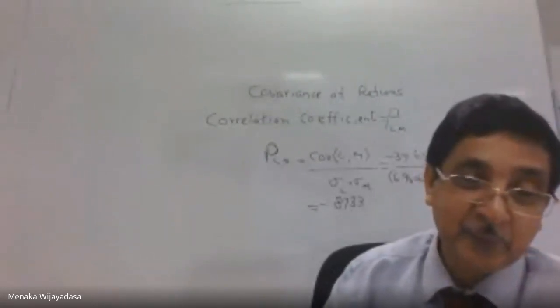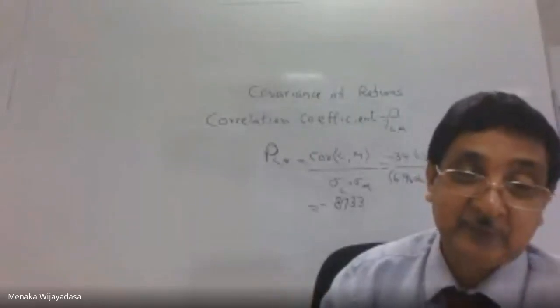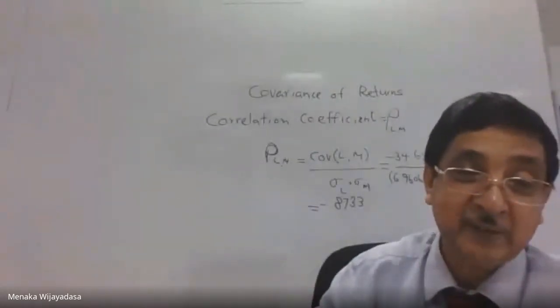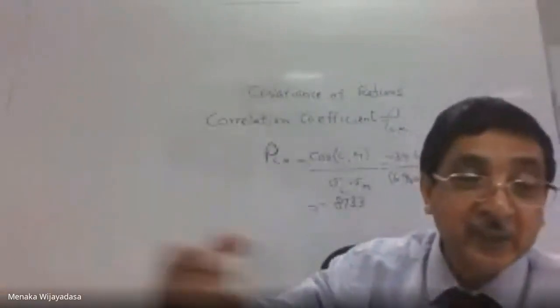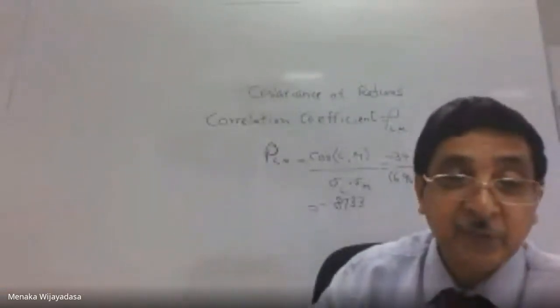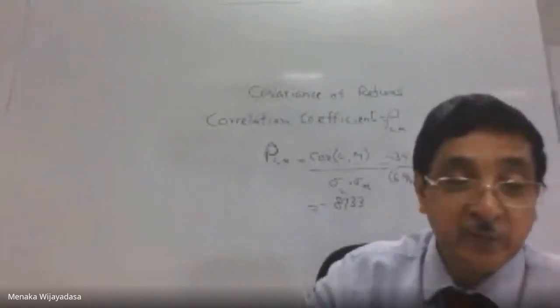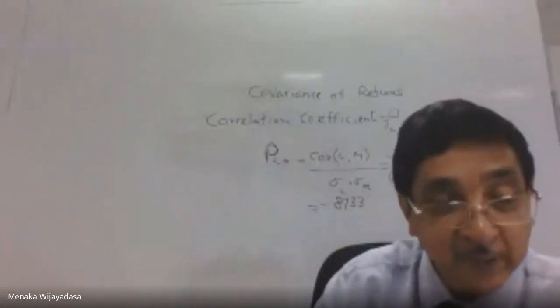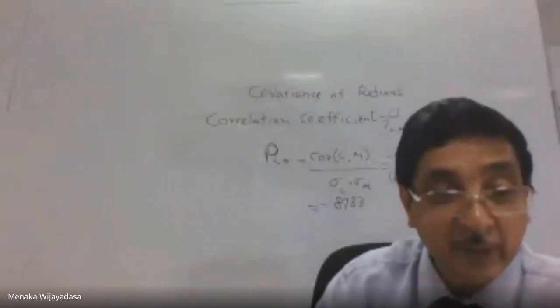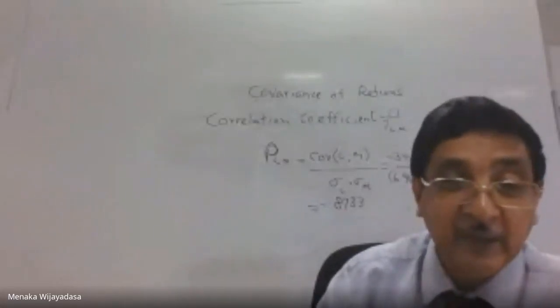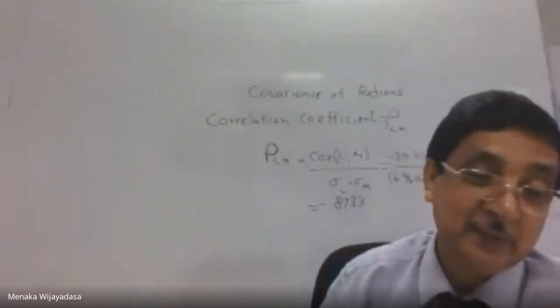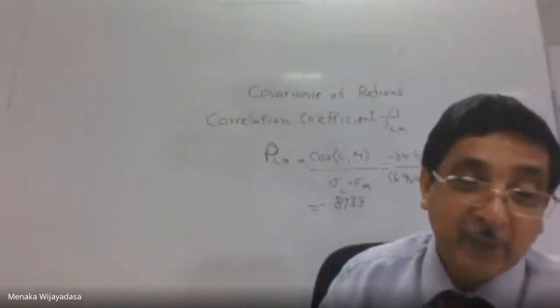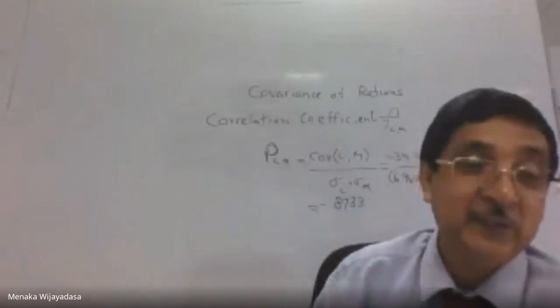For example, say you have one asset with you and you are going to add another asset to your portfolio. When you add that asset, if the correlation coefficient is negative, that means adding that asset will bring down the total risk while adding to the return.